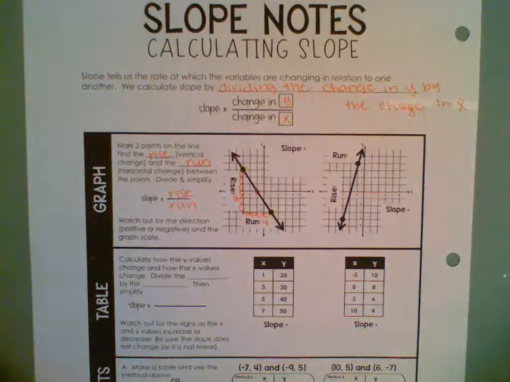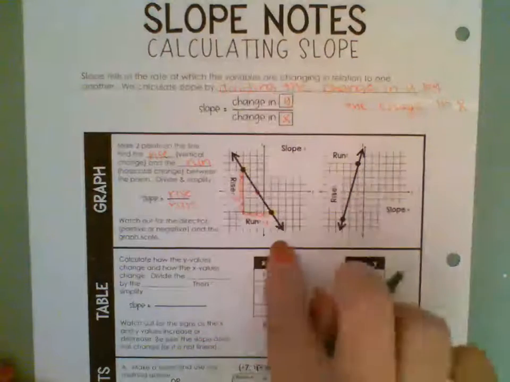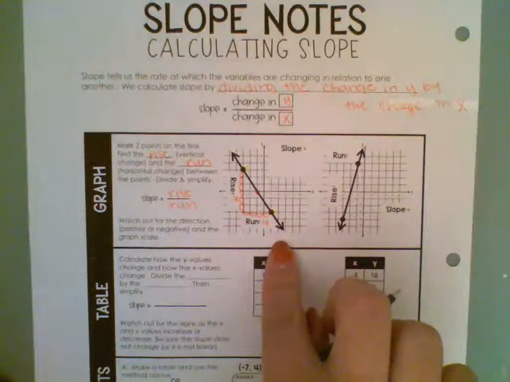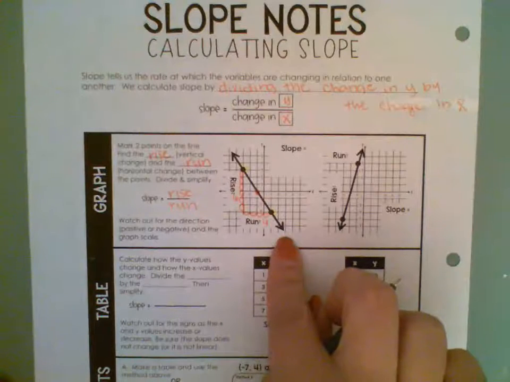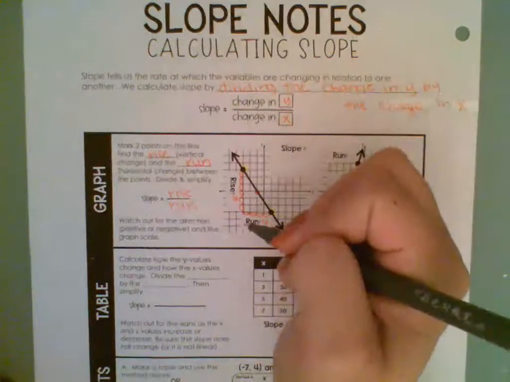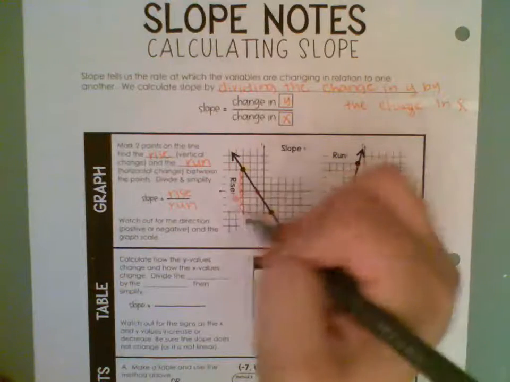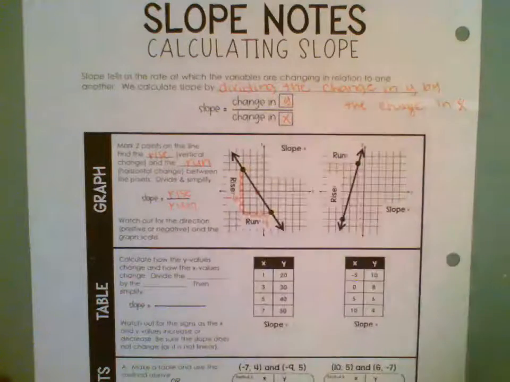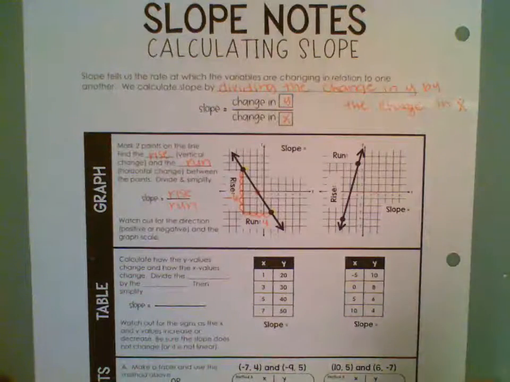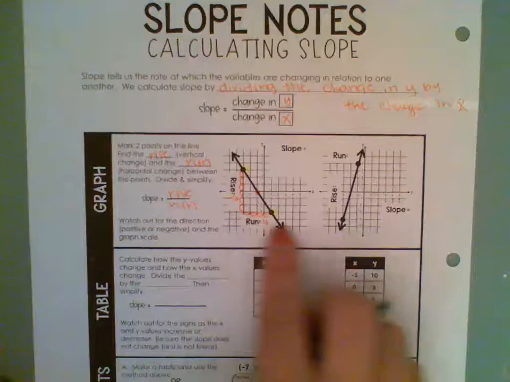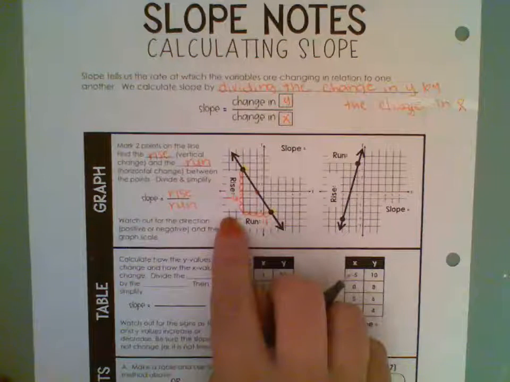But think about this. Is this slope right here we're working on a positive or a negative slope? Well, we had to go down, right? So the rise isn't just a 6, it's actually a negative 6 because we went down and then to the right. To the right is positive, but down is negative.